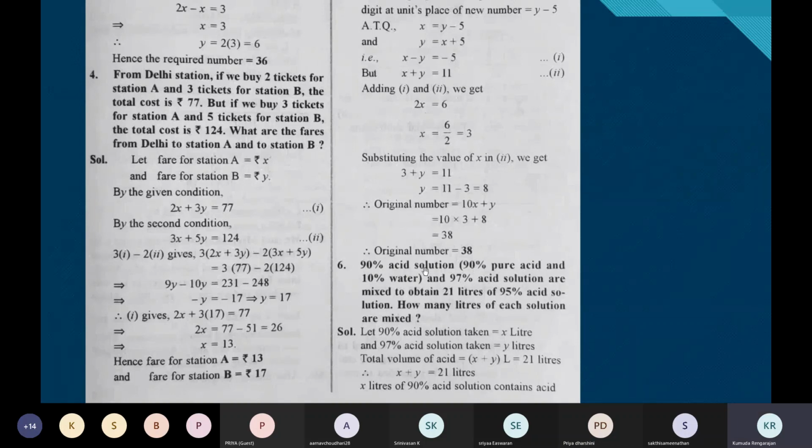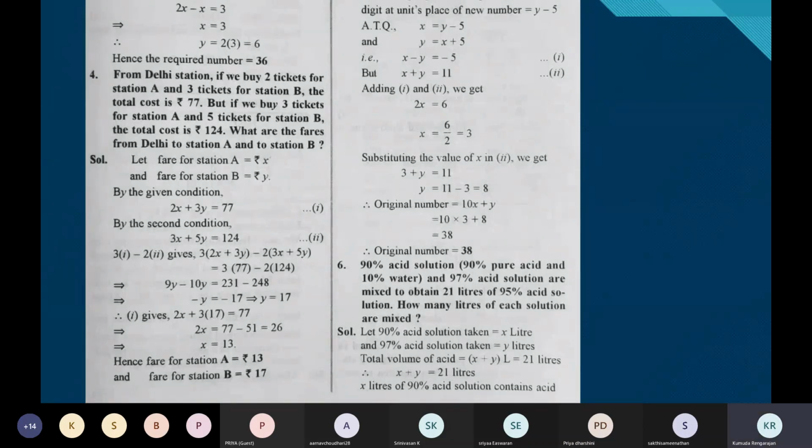See here, 90% acid solution means that in the solution, 90% is pure acid, as it's given in the bracket also. It's not a concentrated solution. Concentrated is one which is completely acid, no water.